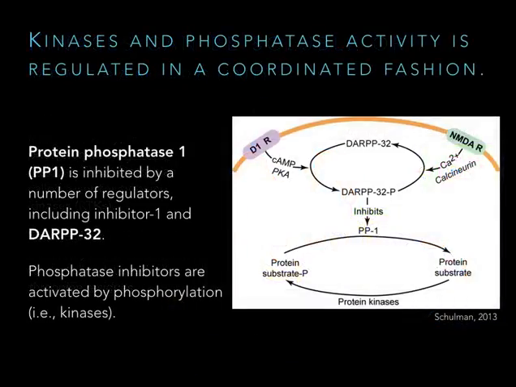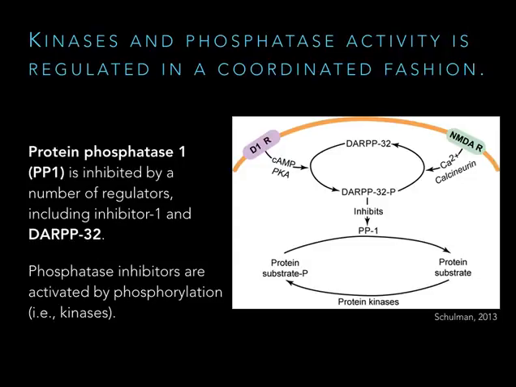The activity of kinases and phosphatases have to work together because one is going to stimulate where the other is going to inhibit, and generally there's going to be some coordination built into these signaling pathways that allow them to work together. We've mentioned a few kinases. Protein phosphatase 1 is a very important phosphatase.